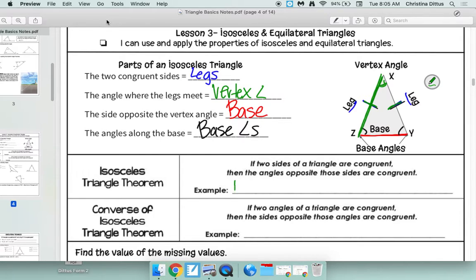So if ZX is congruent to, what do I call my other leg? YX. So if those legs are congruent, then I can say your base angles are congruent. And the base angles are Z and Y.